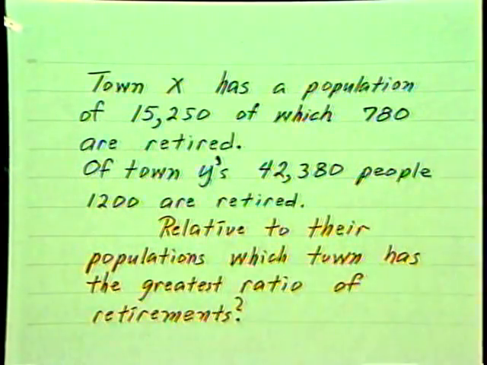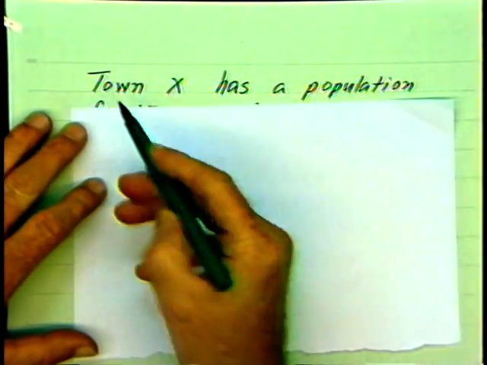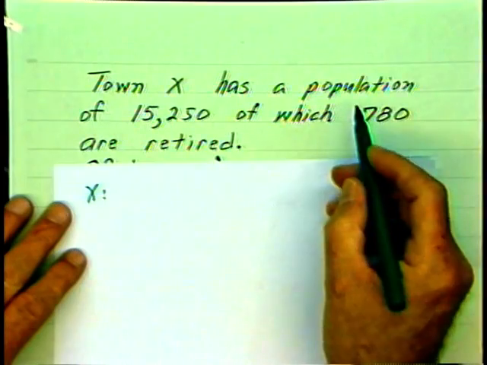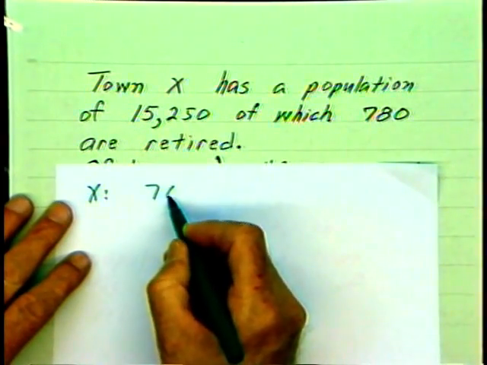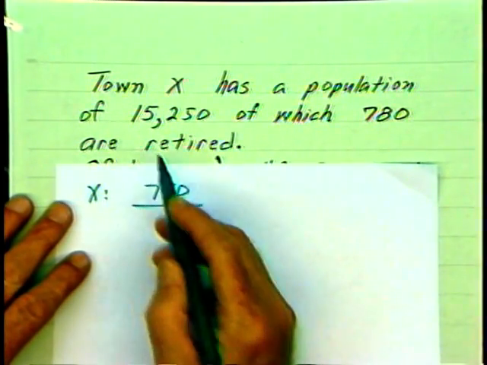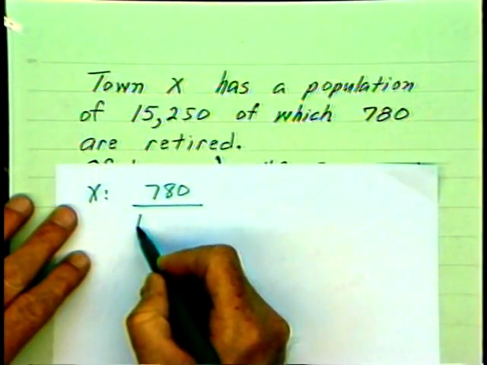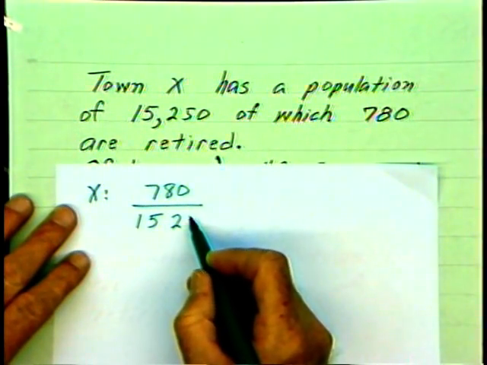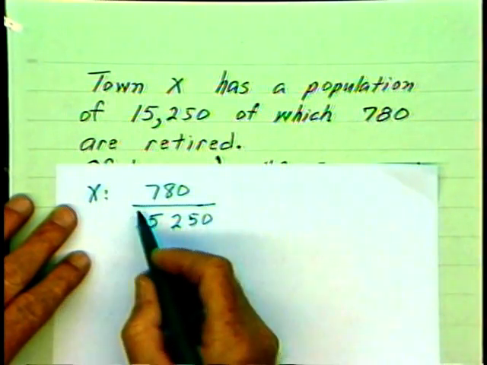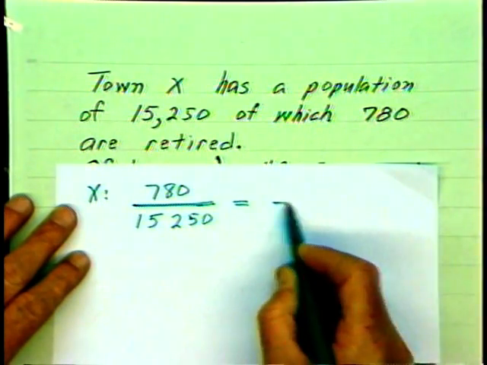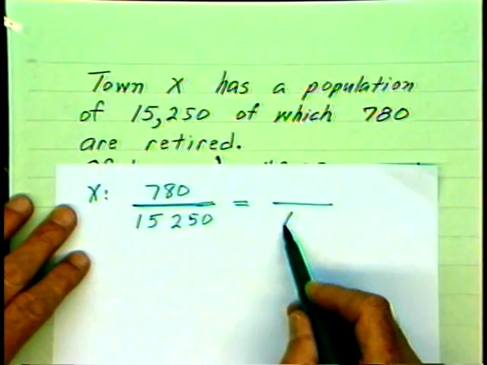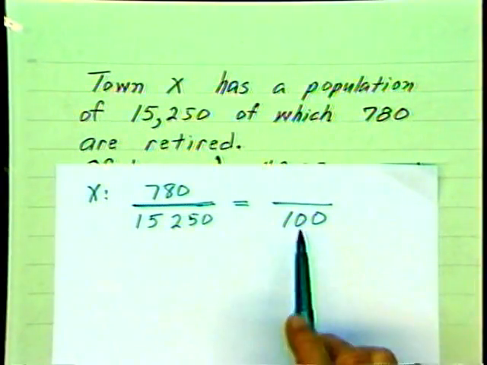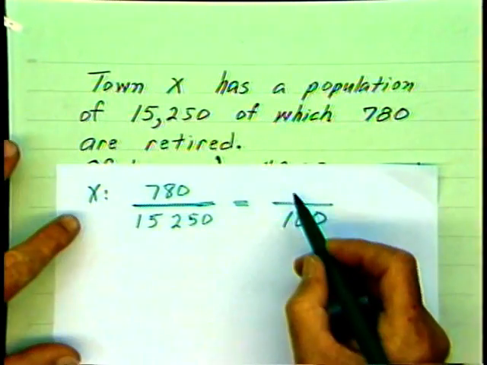So if we were to take from Town X and form a ratio of the retirement to the population, it'd be convenient if we can get this to that common ratio that we're agreeing upon at the start of this chapter, that is per 100.